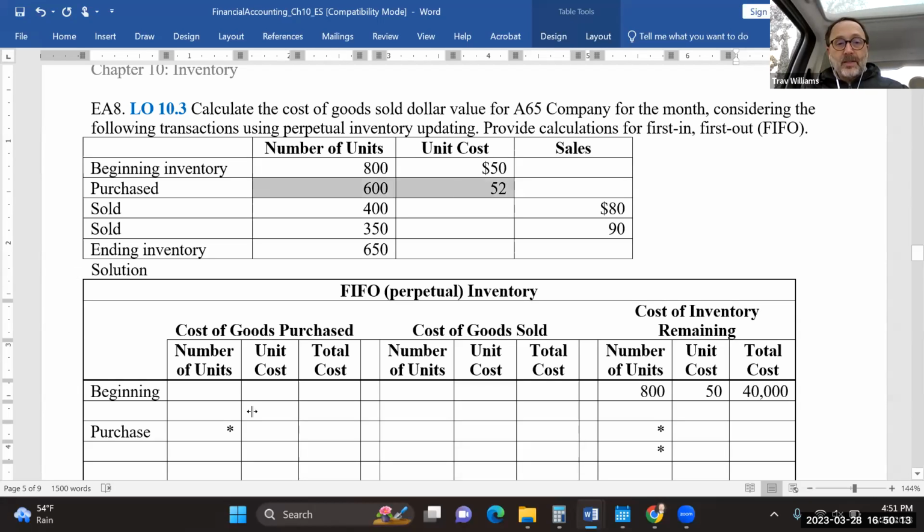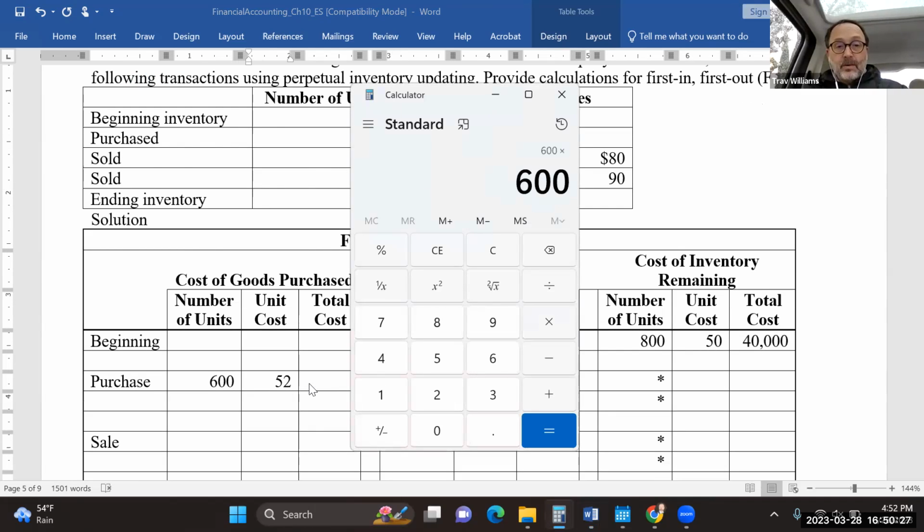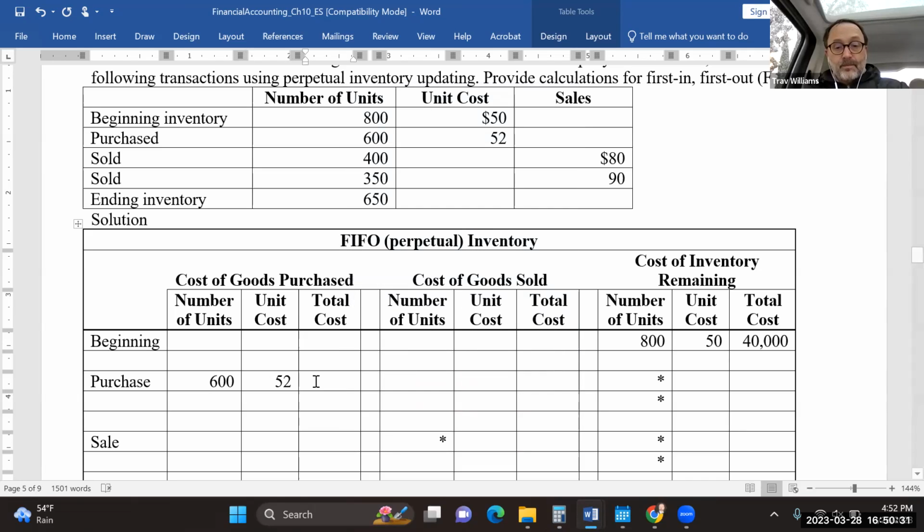So we go over here under cost of goods purchased, and we put 600 units at $52 each. So 600 times 52, 31,200. Okay, so that hopefully makes sense so far.